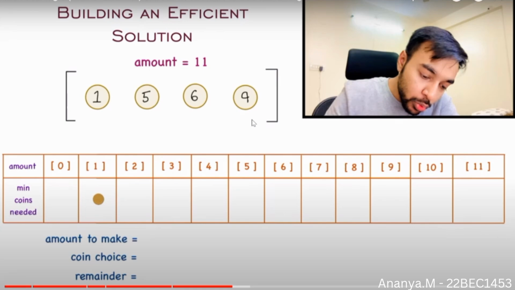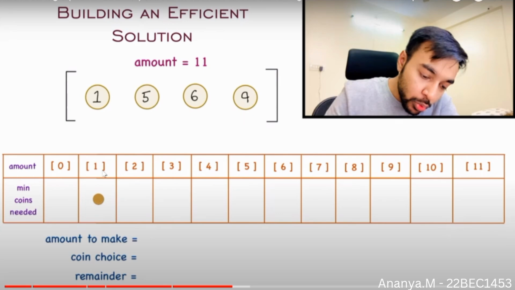So as I said, the problem statement contains the particular amount as well as the array of coins of certain denominations, and we have to use these coins to add up to this amount, and find the minimum number of coins required.